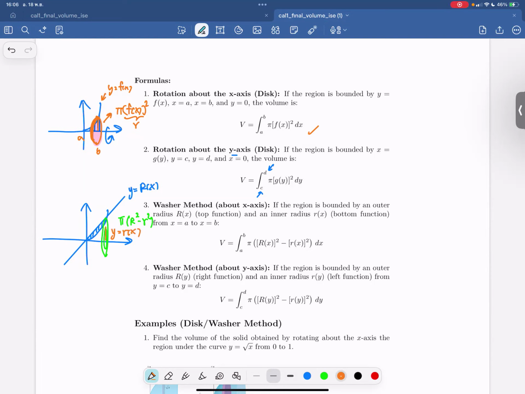So the formula should be the integral of pi times the above function squared minus the inner, lower function squared. And this is just the area of the particular ring.